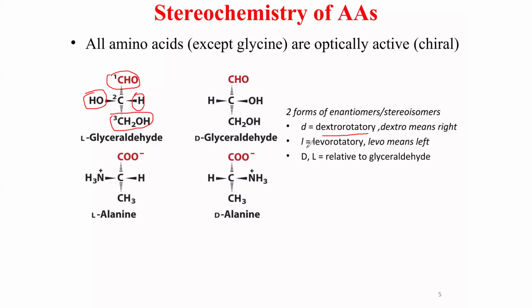And L stands for levo. Levo means left. So it is on the left. So that is the difference between L and D. Levo means left, dextro means right. We are just looking at the compound with reference to the position of the OH group.